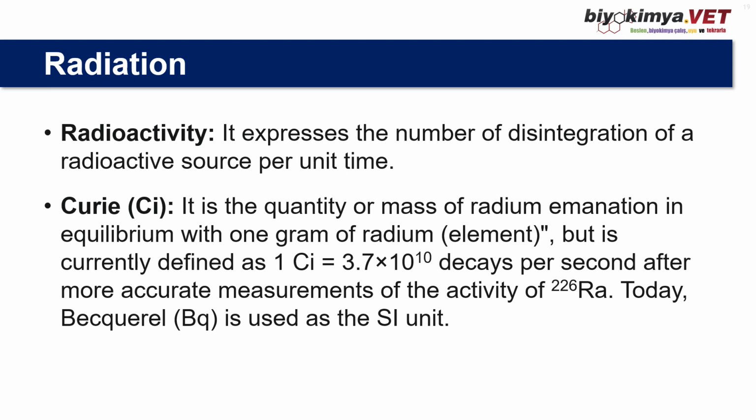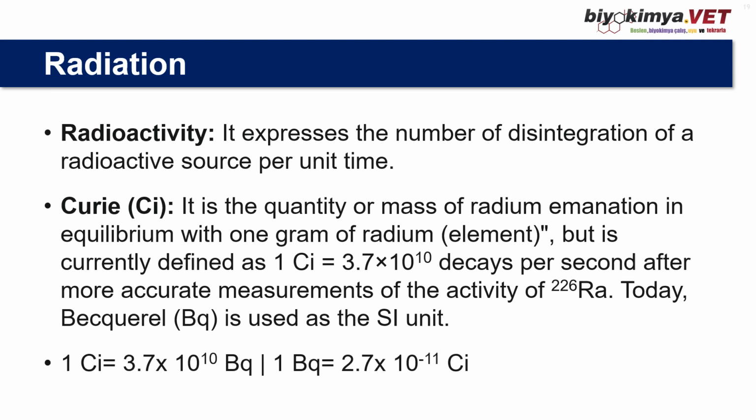Today, the becquerel is used as the System International unit, and 1 Curie equals 3.7 times 10 to the 10 becquerel, or 1 becquerel equals 2.7 times 10 to the minus 11 Curie.